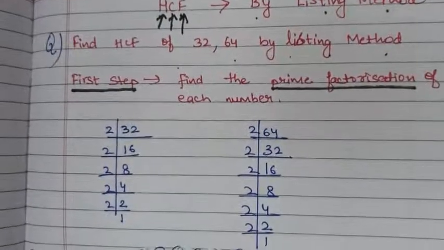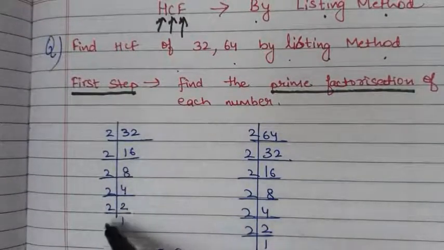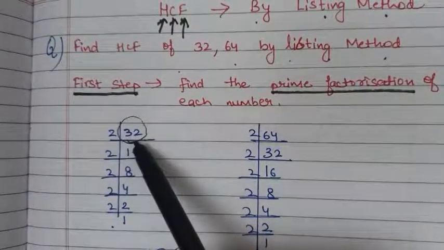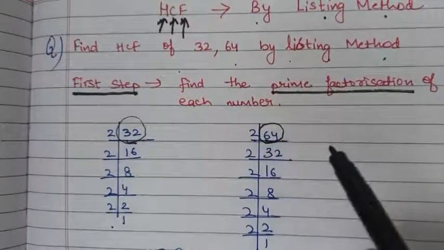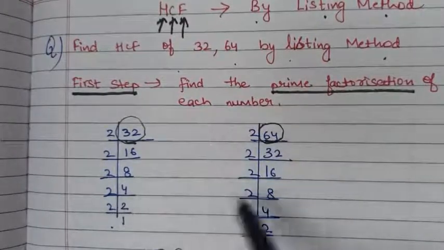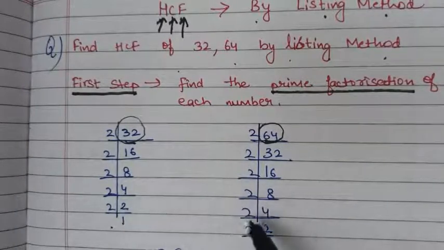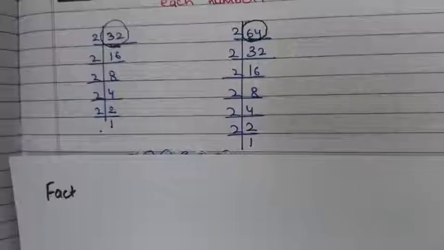So first of all, we have find out their prime factorization. Prime factorization of 32, then prime factorization of 64. Do it separately. Clear? Now with the help of this, we will find the HCF.